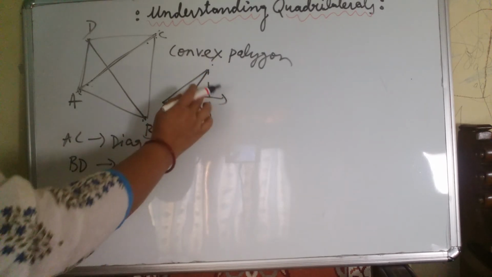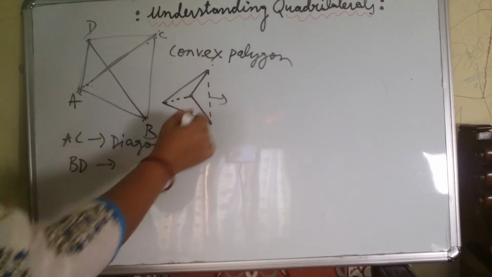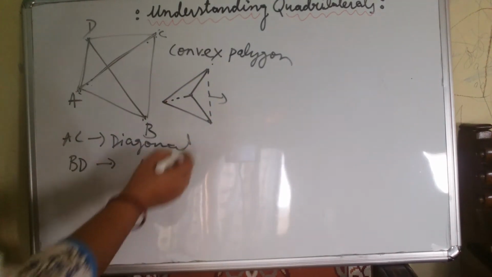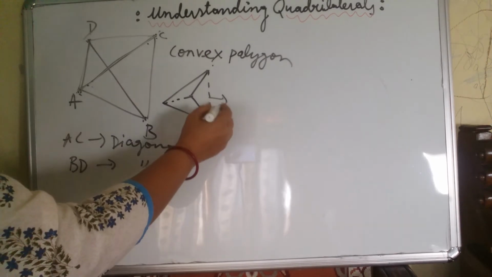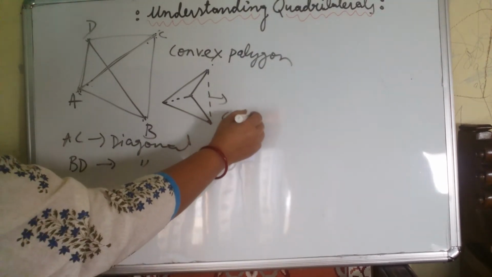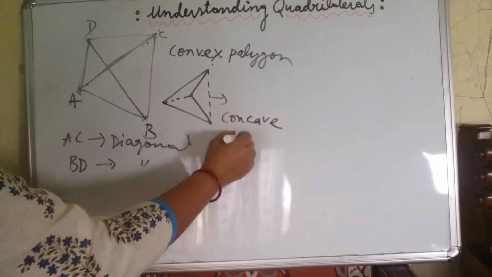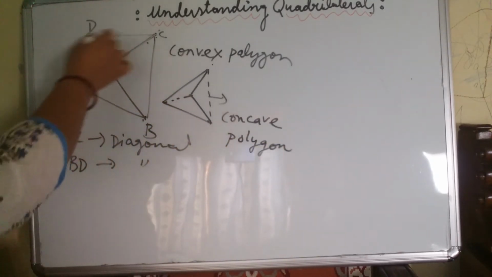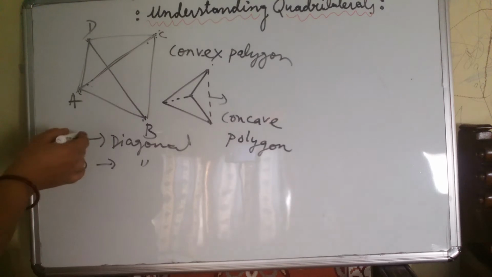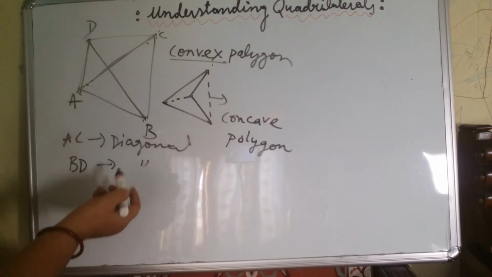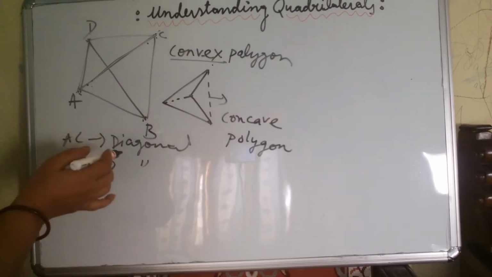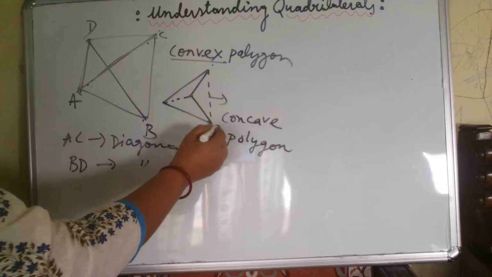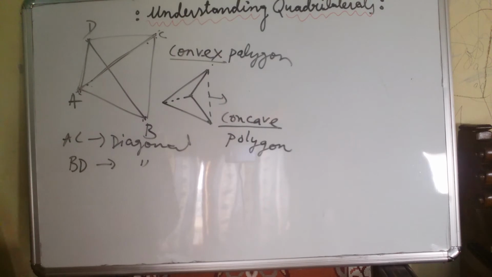This diagonal is outside of this quadrilateral. So this will be named as concave polygon. If all the diagonals lie inside a polygon, it will be named as convex. If any one of them is outside of this polygon, it will be named as concave polygon.